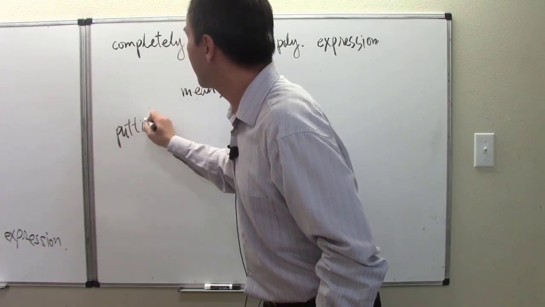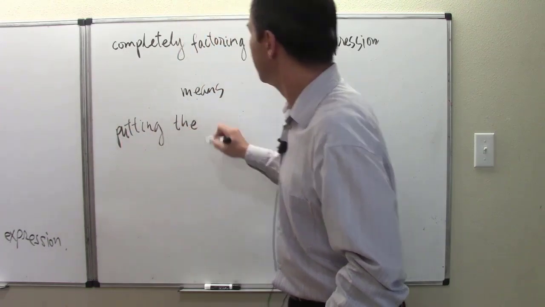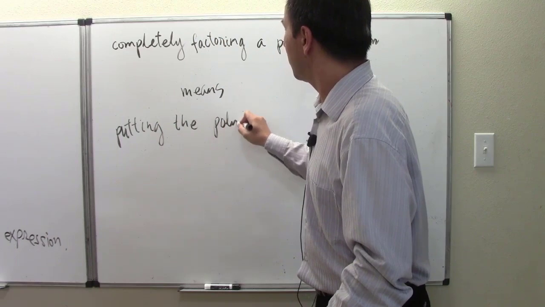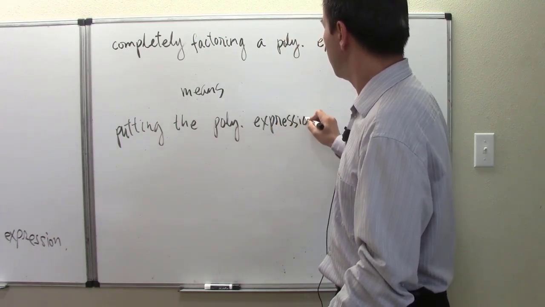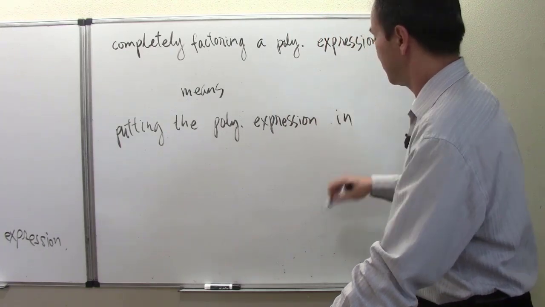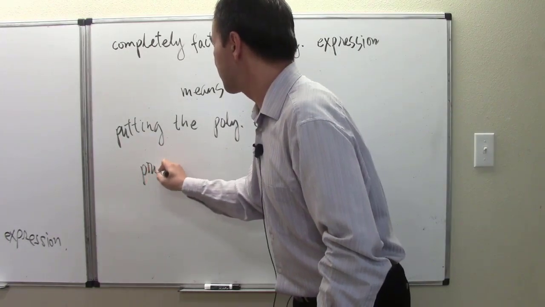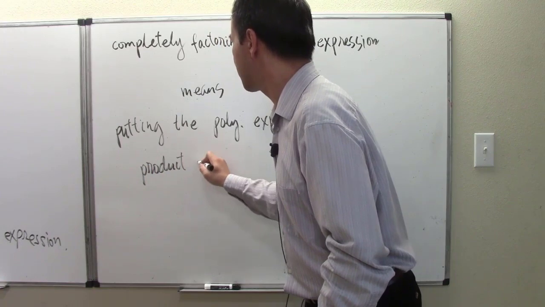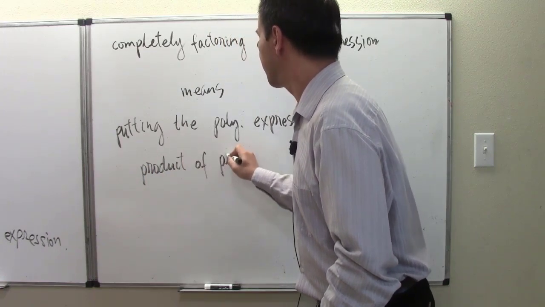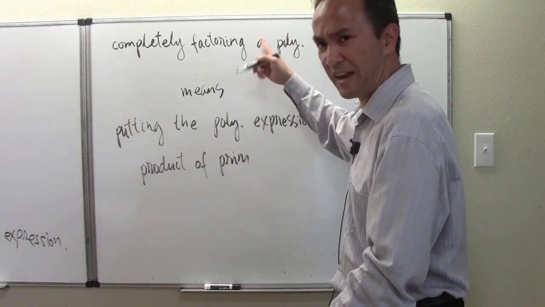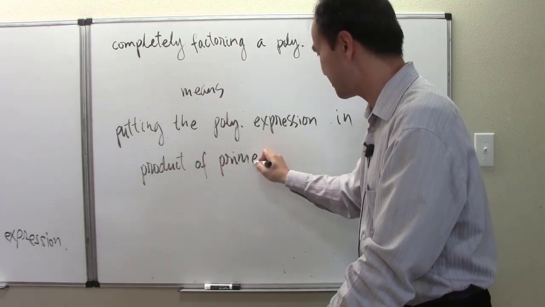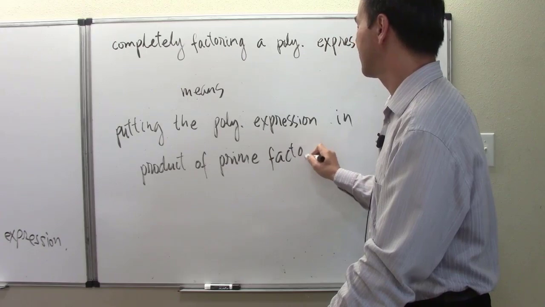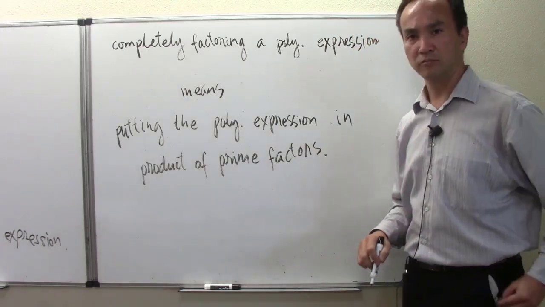putting the polynomial expression in products, or into a product of prime factors. So each factor in the factor form of the completely factored product right here is considered a prime factor. So two processes.